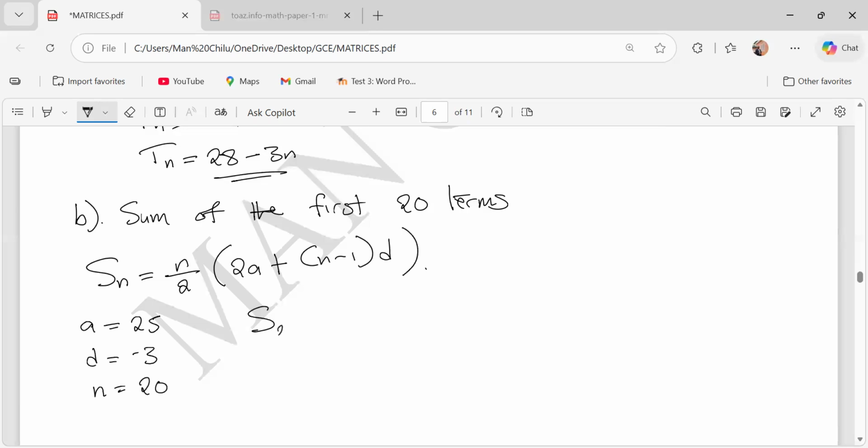So S20 will be equal to 20 divided by 2 multiplied by 2 times the first term, 25, plus 20 minus 1 multiplied by negative 3.